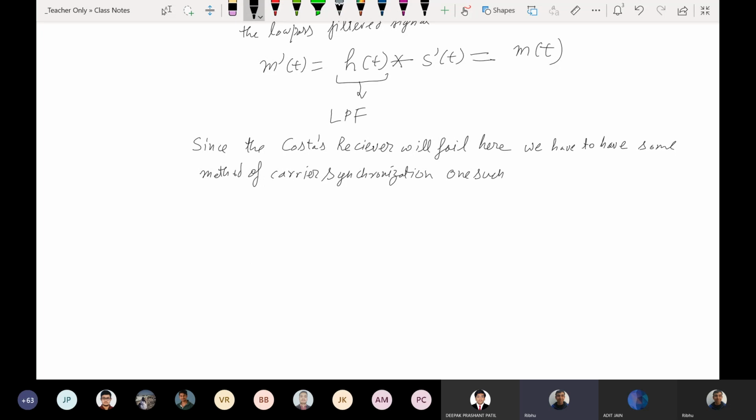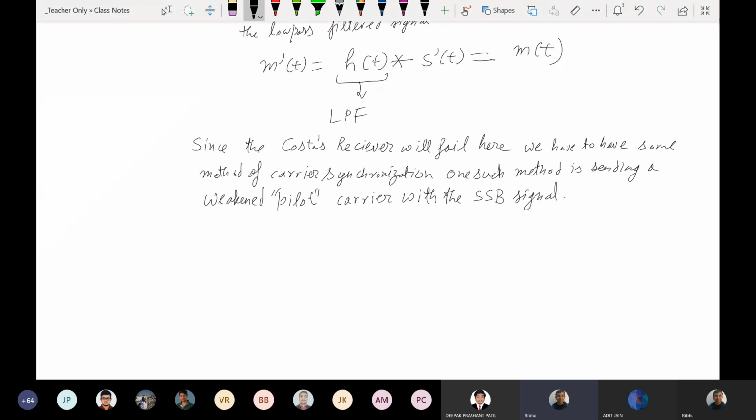One such method is sending a weakened pilot carrier with the SSB signal.